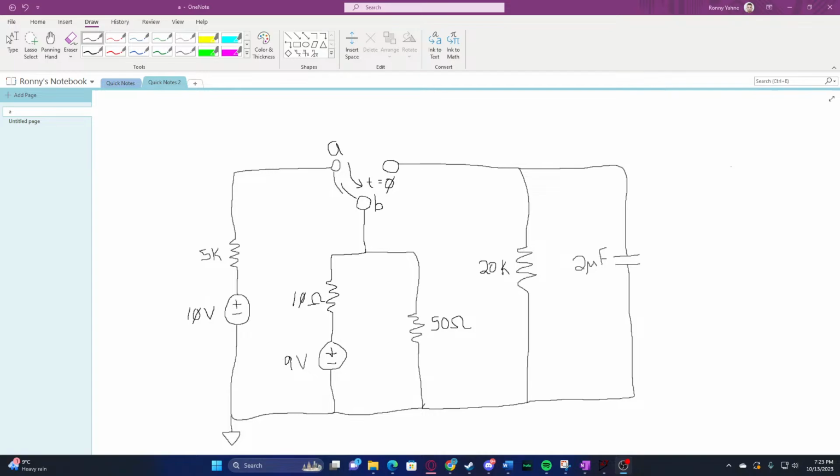This was a homework problem that I'm trying to figure out. The problem doesn't even matter anymore because here's the story, right? This was a homework problem for a completely online class, right?